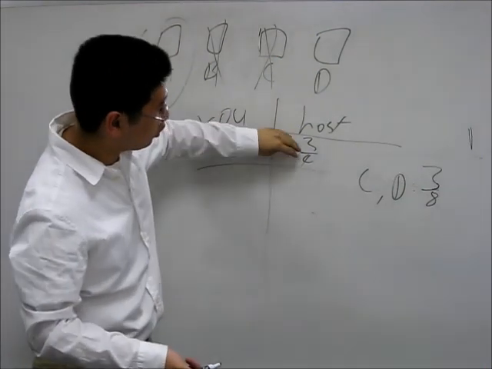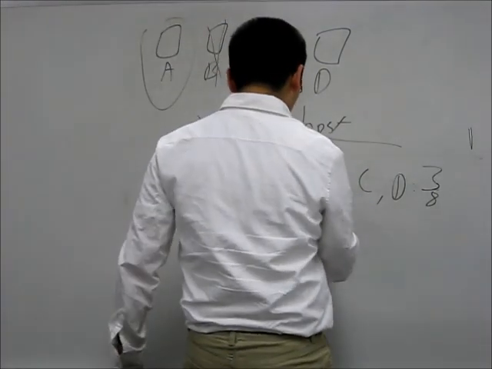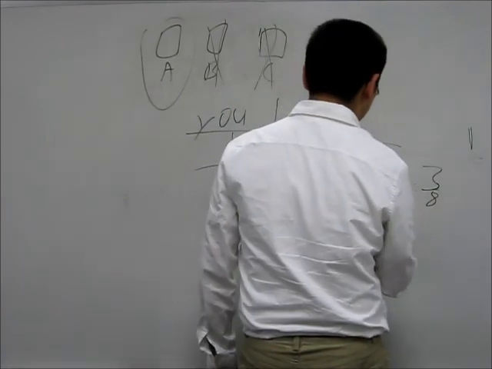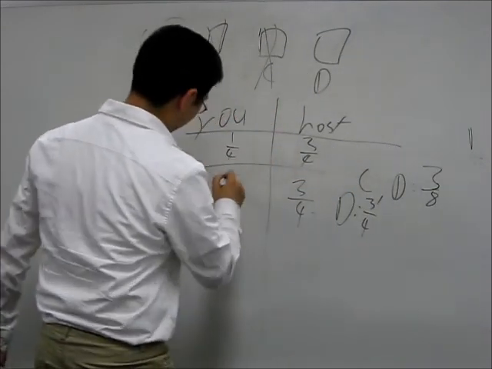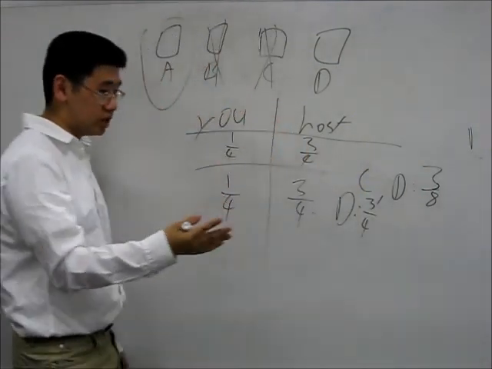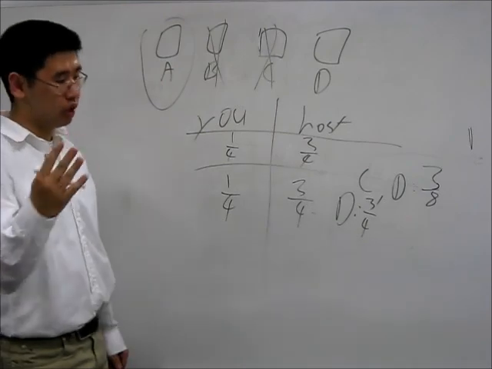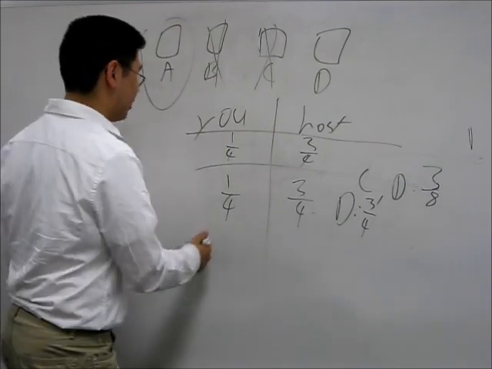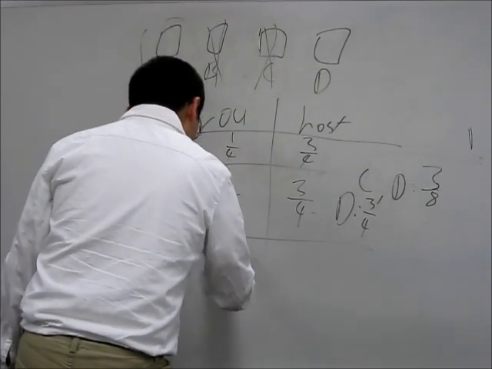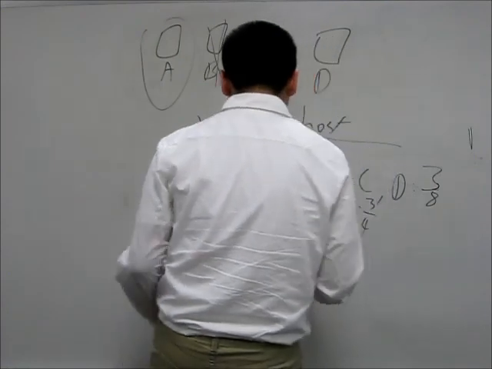But that 3/4 is now all on door D. So the host still has a 3/4 chance, located on D, where A still has 1/4. And since there are only 2 doors, you are better off switching, because if you switch, you get D, which is a 3/4 chance, and the host goes with A, which has a 1/4 chance.